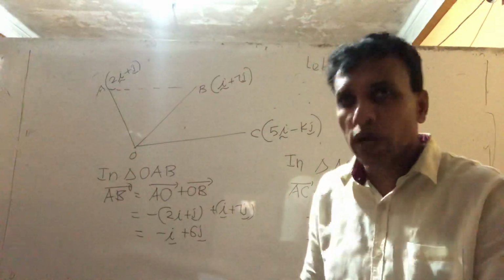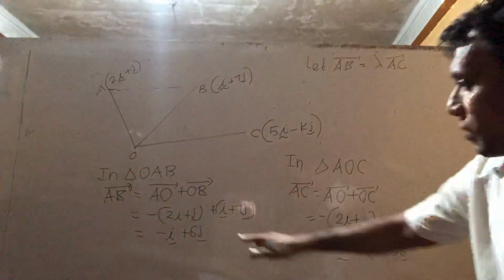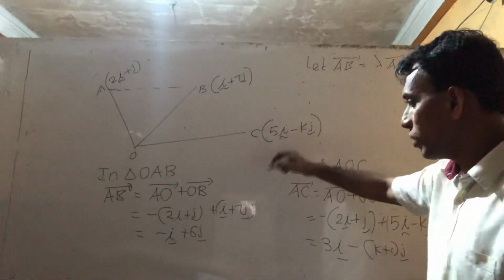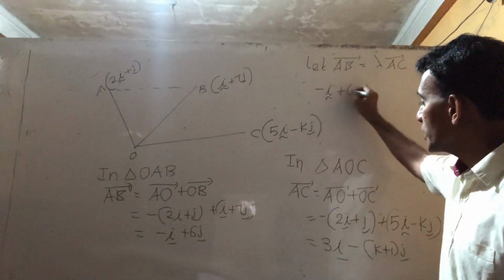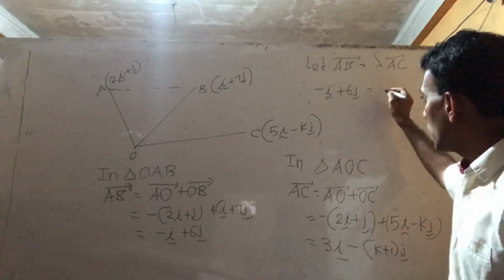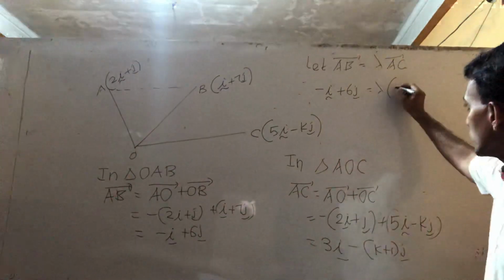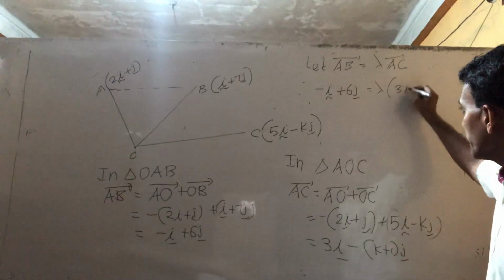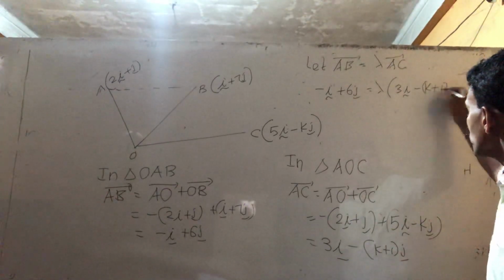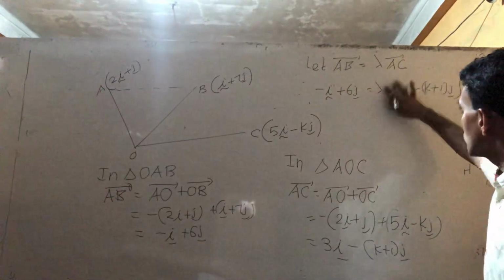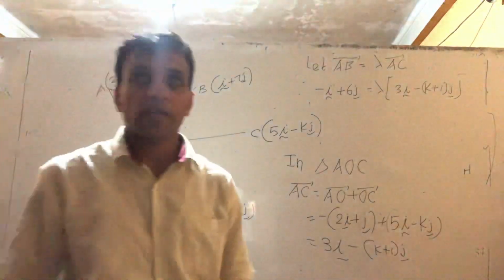Otherwise, AC equal lambda times AB, no matter, right? Where lambda is a constant. So apply that: AB is minus vector i plus 6j, equal lambda into AC, which is 3 vector i minus (k plus 1) vector j. So you work many questions on the vectors.